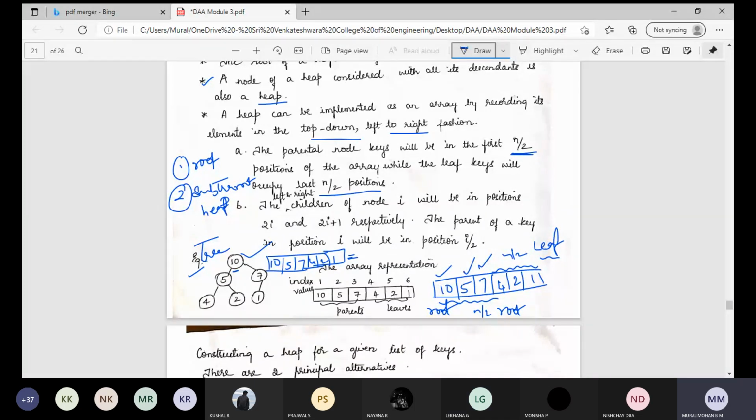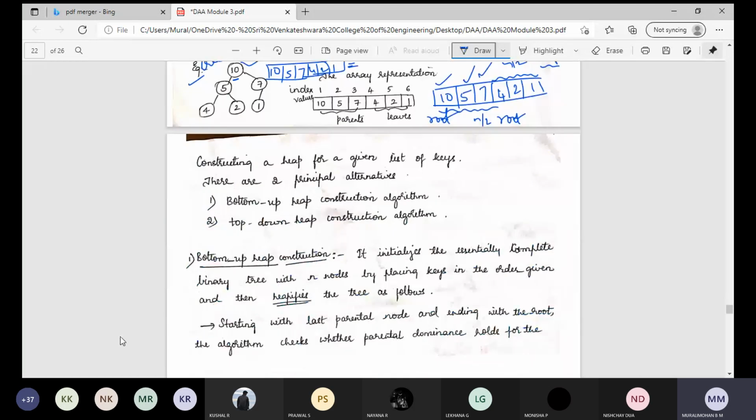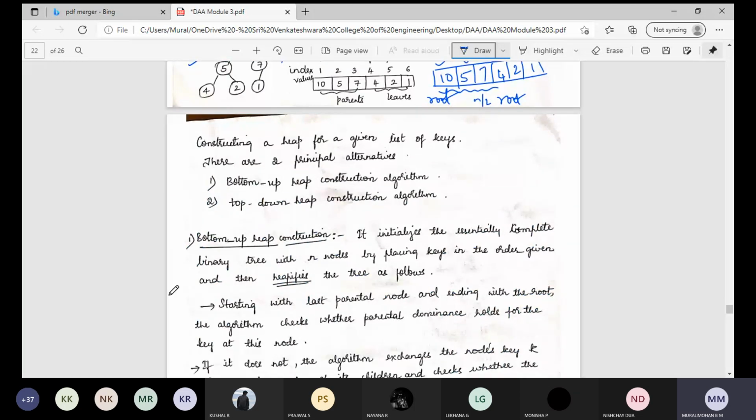Now we will take an example and we will see how to construct a heap tree. Before that, we will see the different types we are having to construct a heap tree. There are two types we can construct a heap tree from the given keys. One is bottom up heap construction, the other one is top down heap construction.